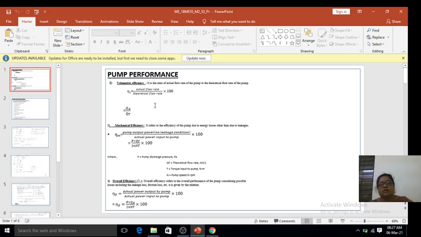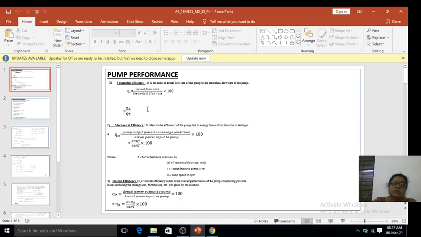We have studied already that efficiency is the ratio of power output to the power input. But here we are going to study the volumetric efficiency. The volumetric efficiency is a bit different from the general definition of efficiency. Here the volumetric efficiency is defined as the ratio of actual flow rate to the theoretical flow rate.